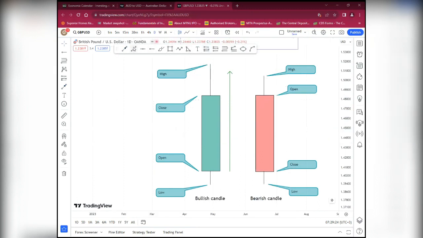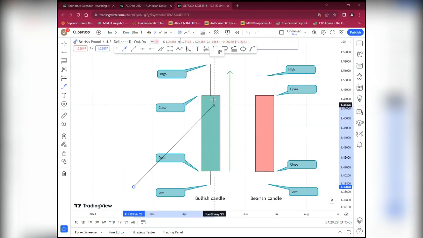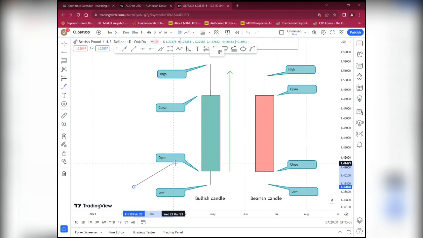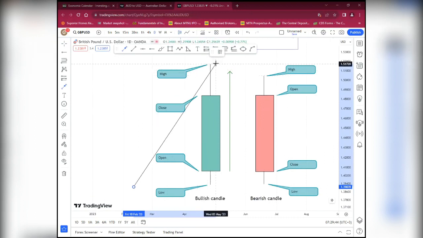These are the opening prices of this candle. This is the lowest that the market actually melted to. These are the highest prices, and these are the closing prices.